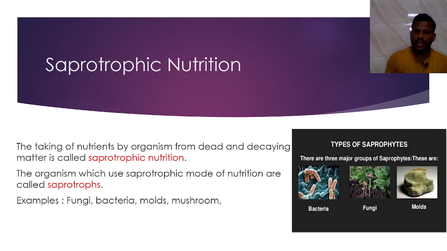The taking of nutrients. Nutrients means carbohydrates, proteins, vitamins, or some other substances which they need as food. The taking of nutrition by an organism from dead and decaying matter is called saprotrophic nutrition.